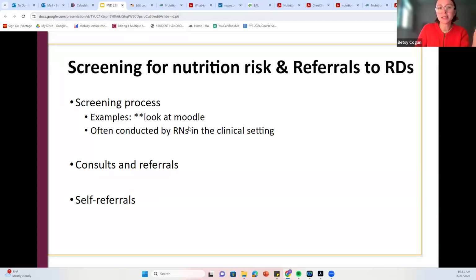So we can be pinged to do a consult due to malnutrition risk. We can also just be pinged for any other reason, or just be working on a floor where we are typically utilized and can do those consults. So we have self-referrals, referrals from other healthcare professionals, and then, right, we can be asked to do a consult based on a malnutrition screen. So these are all reasons why we might initiate the nutrition care process where our services are specifically needed.